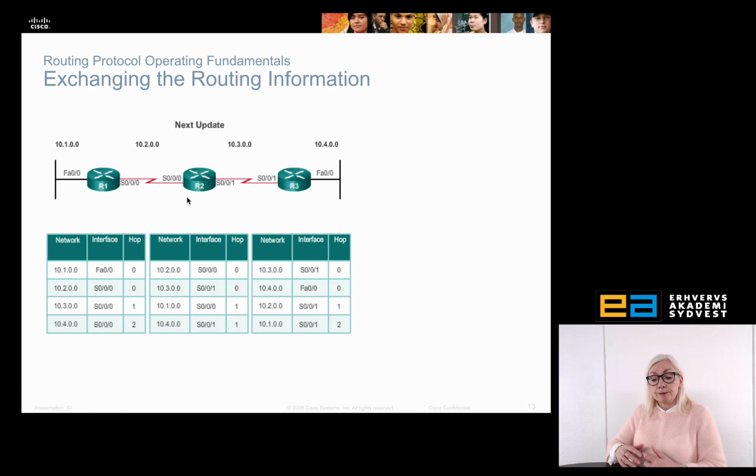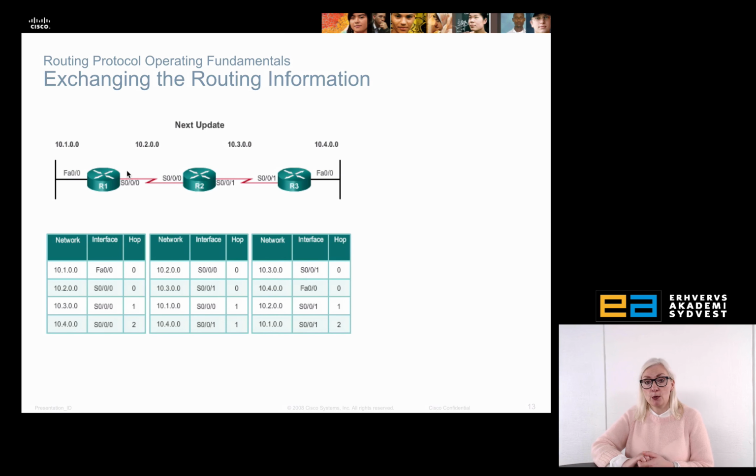Now all the updates have been sent, and we know what's available on the entire network here. So now we have what is called a convergence in the network. All routers know about all different networks that are available.